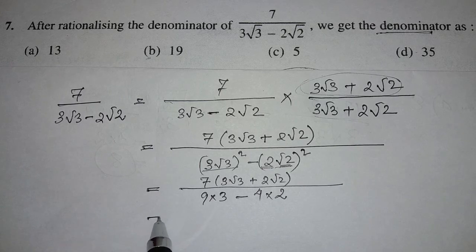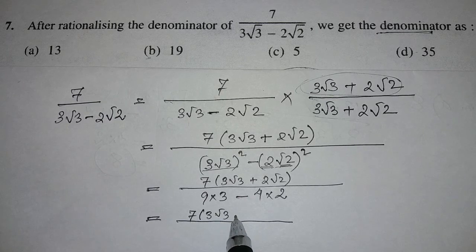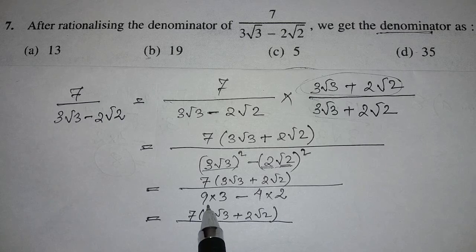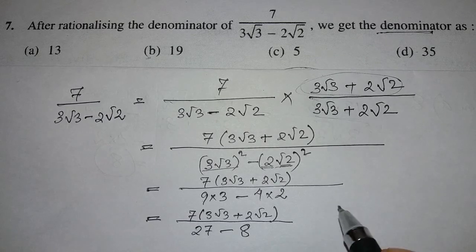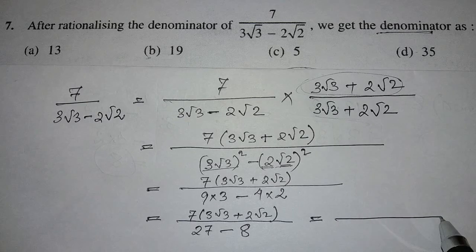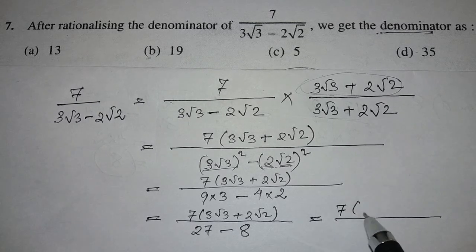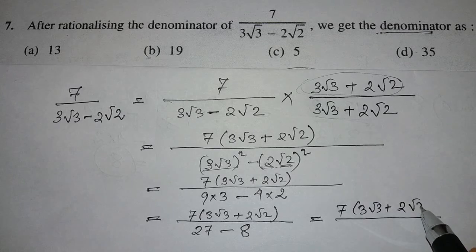Now numerator just leave it as it is. Denominator now is 9 3s are 27 minus 4 2s are 8. Now this gives us 7 times 3 root 3 plus 2 root 2.